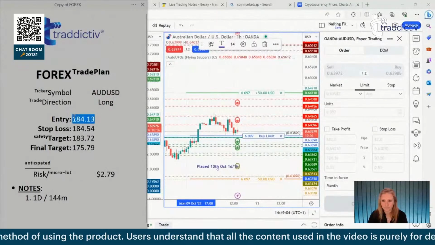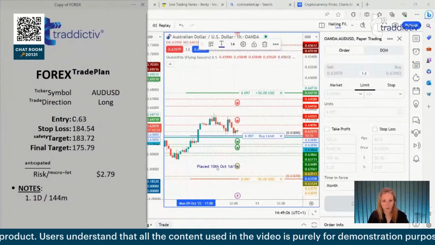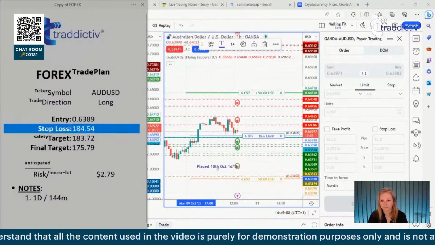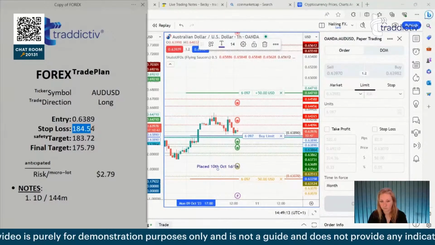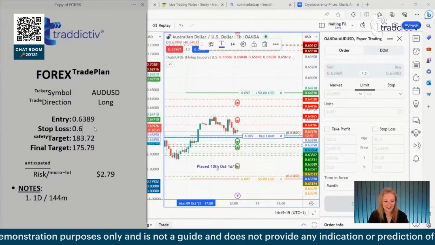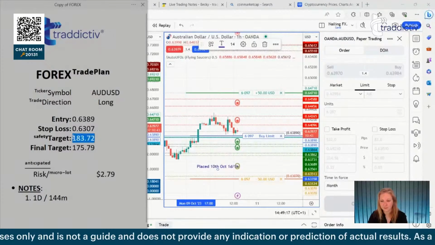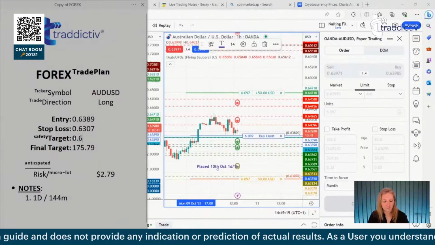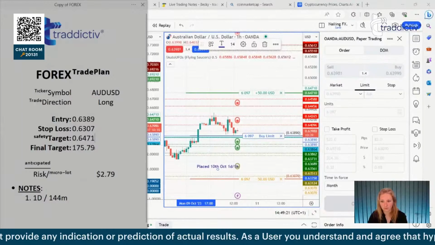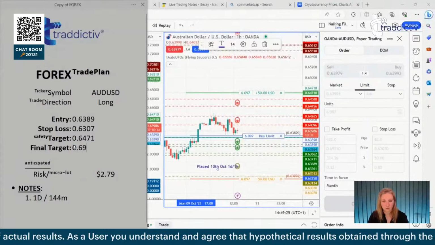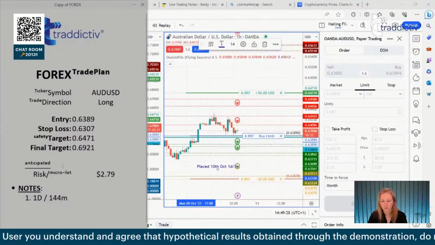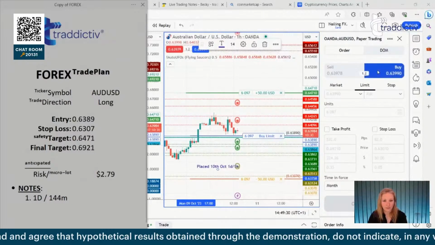Entry at 0.6389. Stop loss at 0.6307. Safety target 0.6471. Final target at 0.6921.